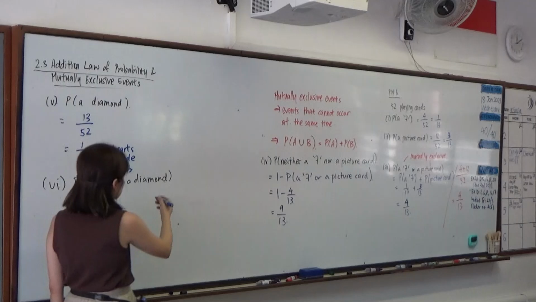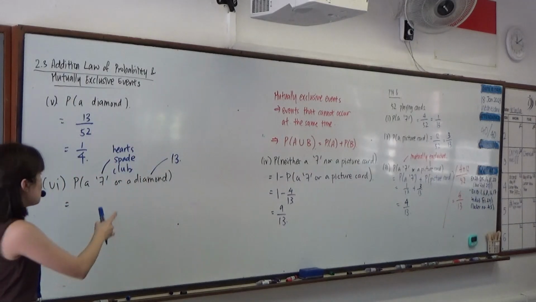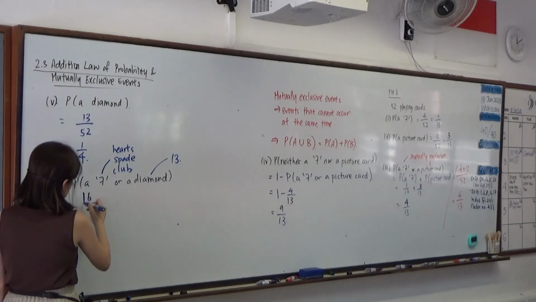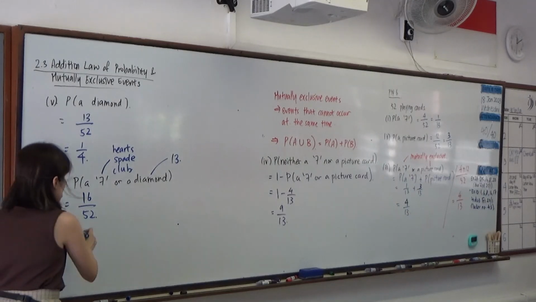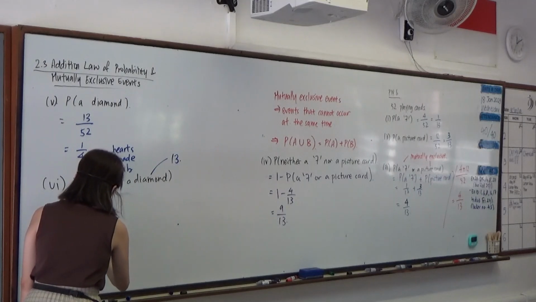And then the rest of it, your diamonds, you have 13 cards in total, including the one that is both 7 and diamond. So you have to count the favorable outcomes. There's a total of 16 cards that fulfill this event. Therefore, that simplifies to 4 over 13.